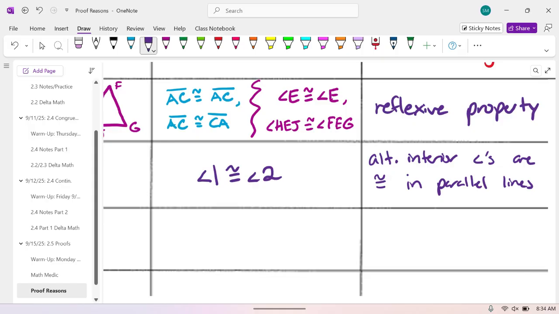So your statement is what you're claiming about them, and that typically deals with congruency, whether they're parallel or supplementary, whatever. Your reason is the why. So your statement's the what, your reason's the why.